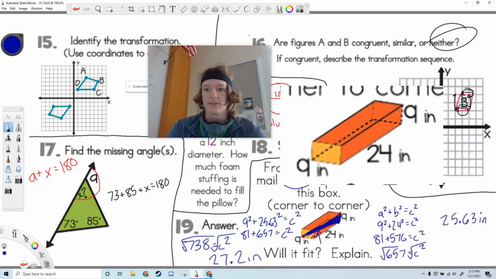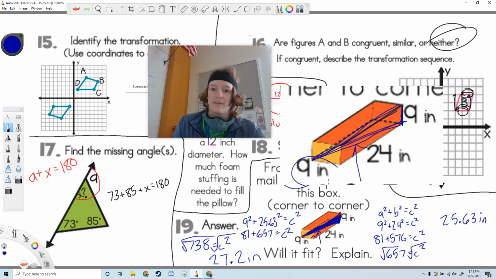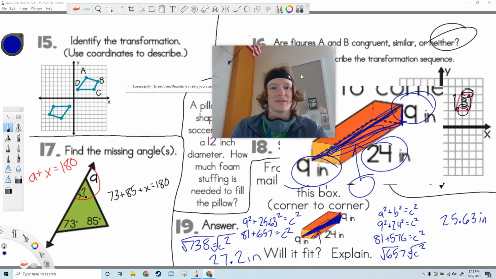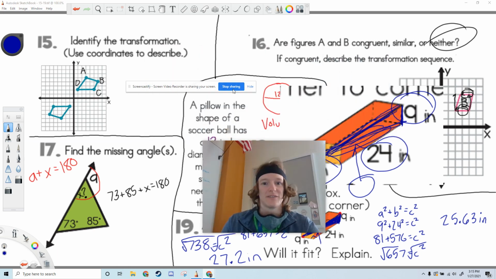So the first triangle we need to recognize is from here to here, here to here, here to here. But we can't solve that until we have this measurement. So we do this squared plus this squared to equal this squared. And then we can find out that this squared plus the number that we just figured out is going to equal this squared. Kind of a lot. That'll get better when I've actually taught you this stuff later on in the year.